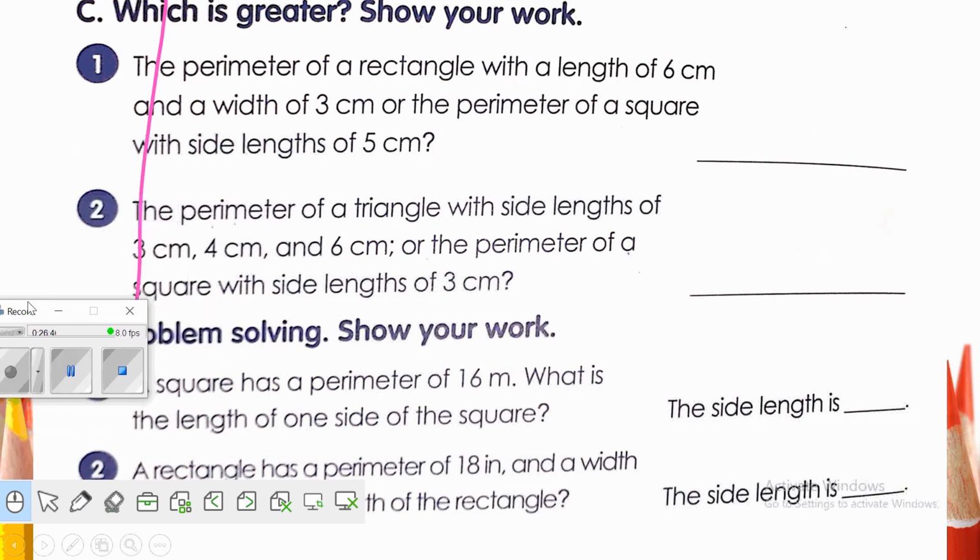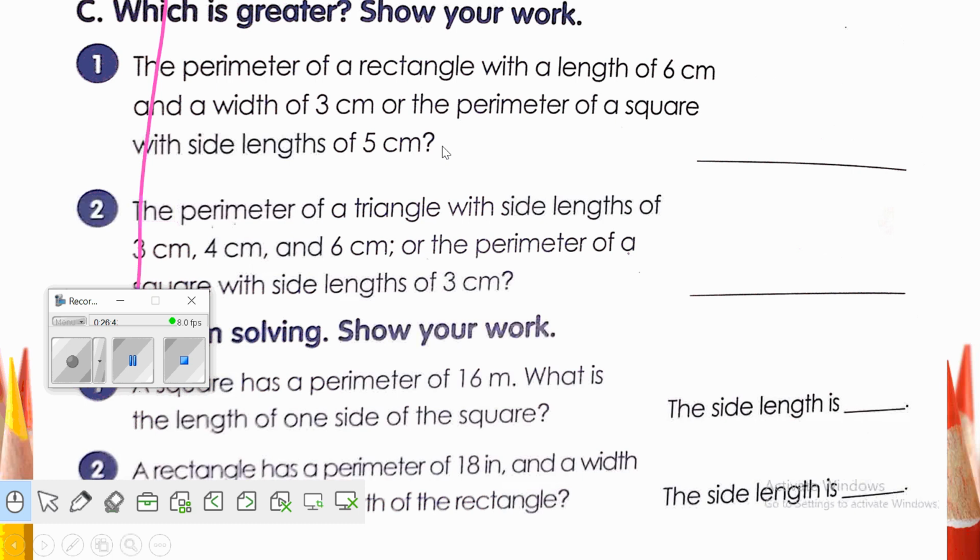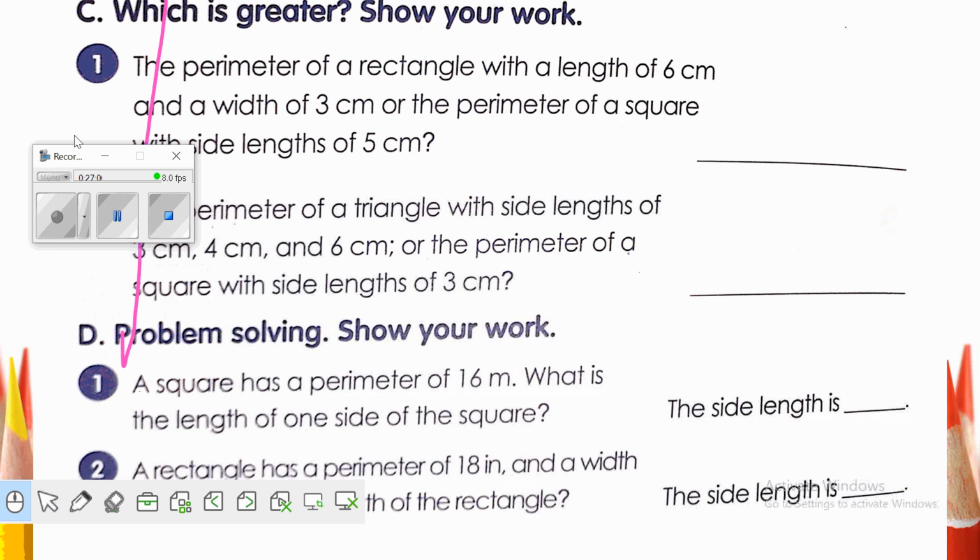The perimeter of a rectangle with a length of 6 centimeters and a width of 3 centimeters, or the perimeter of a square with sides each 5. So you have to tell me and find for me. Write the formula: double of 6 plus double of 3, and compare it with 4 multiplied by 5 and see which is greater.